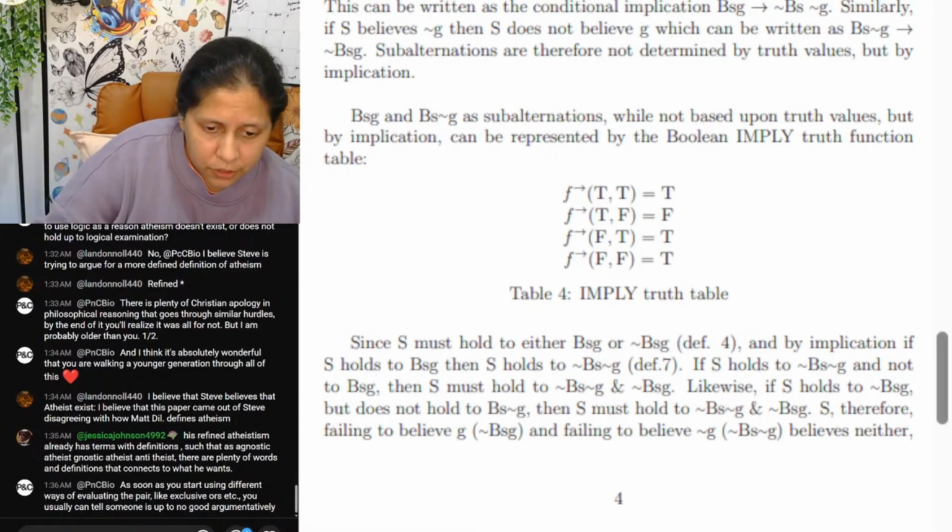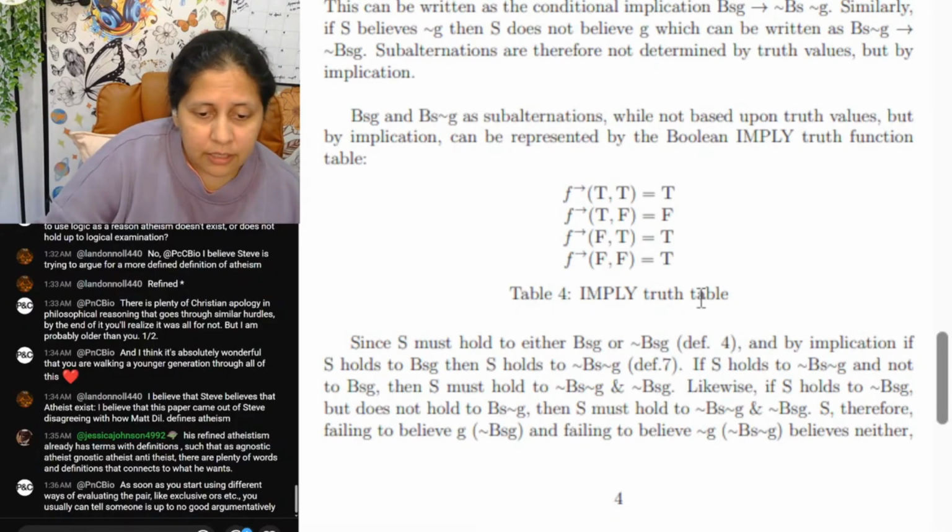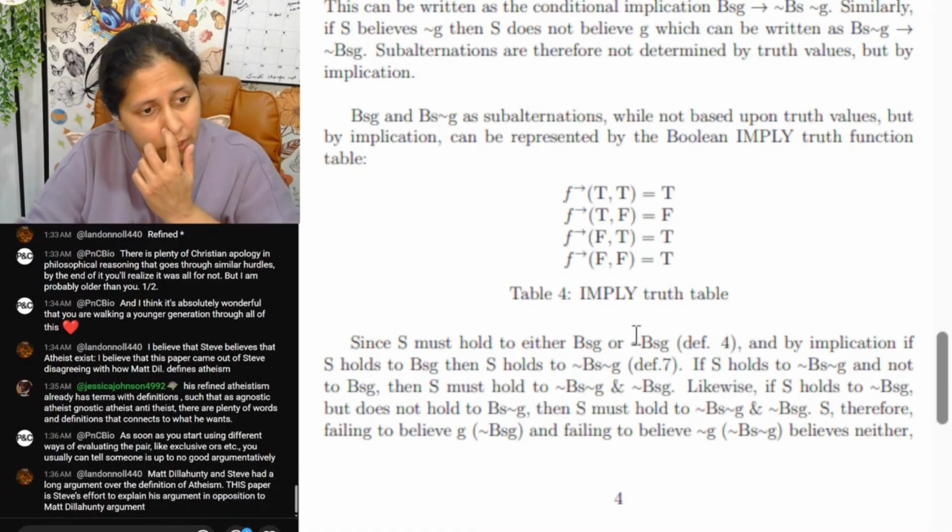So yeah, if the first one is true, then the second is true, the implication works. If the first one is true and the second one is false, the implication fails. If the first one is false, it is still counted as true in formal logic.